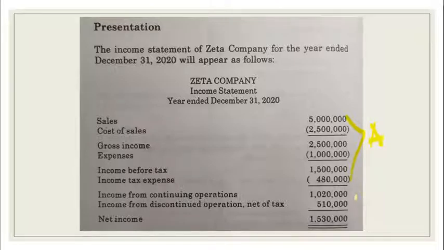Your segment B is in your discontinued operation.